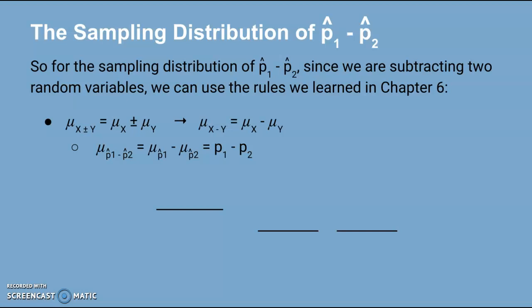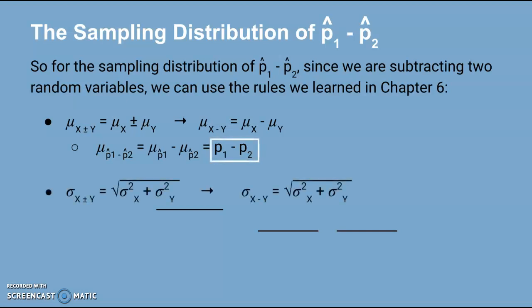In this case, we're interested in p hat values, and we're interested in the difference. So the mean of the difference is the same thing as the difference of the means. And it boils down to p1 minus p2. That would be the mean of the sampling distribution of the differences of the sample proportions.